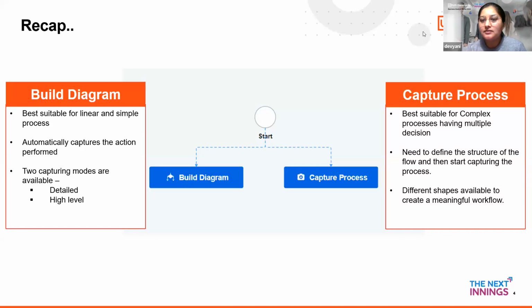Okay. So a very quick recap on what we just saw: Task Capture has 2 options available to capture the process. First is build the diagram, and second is capture the process.